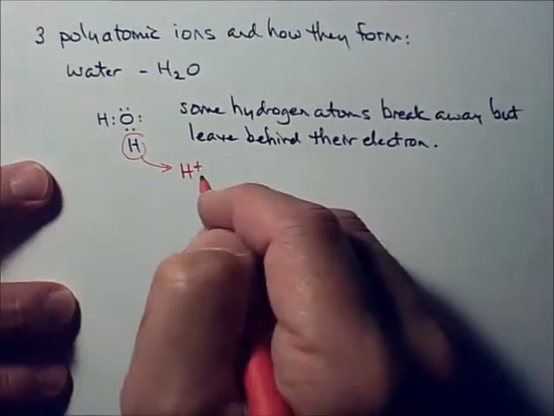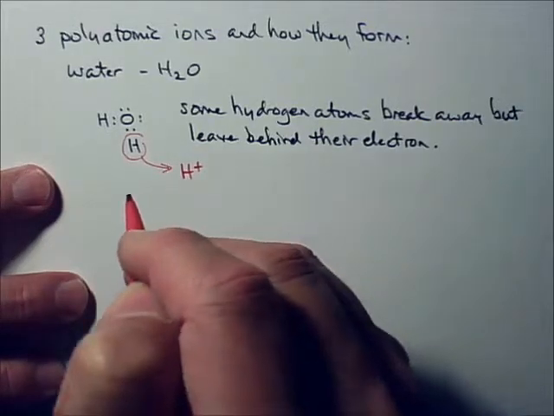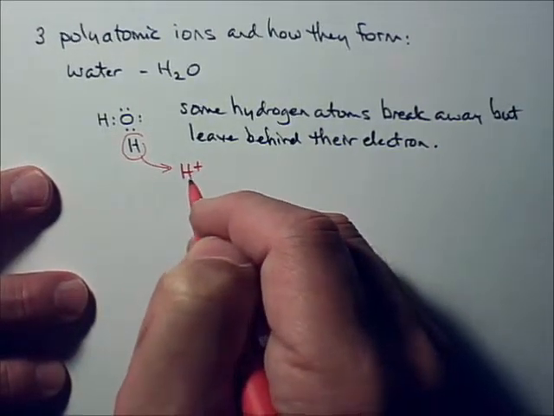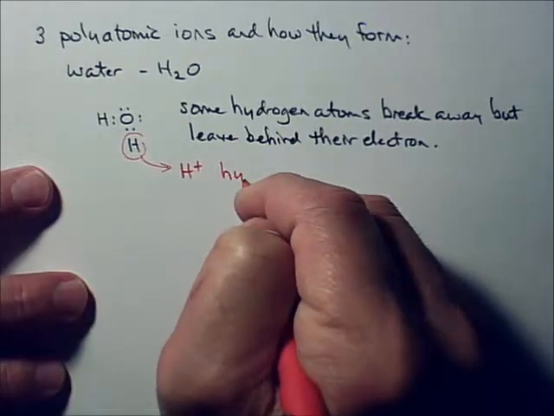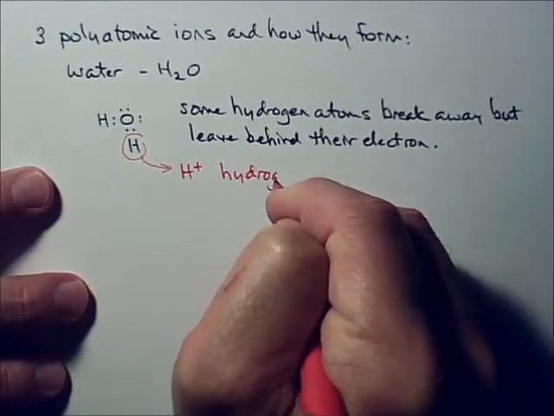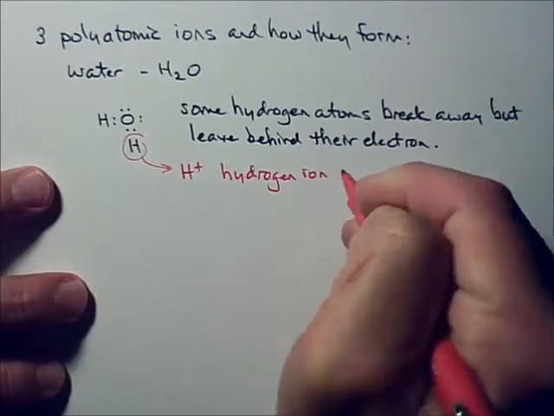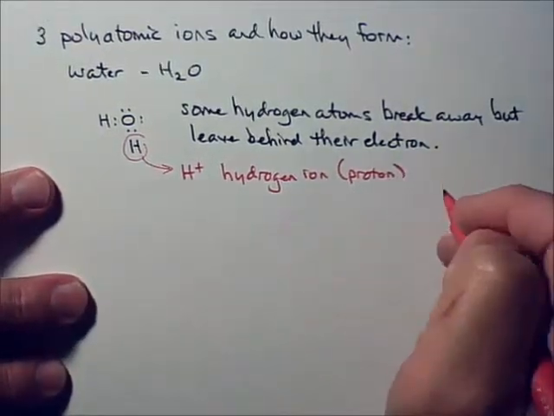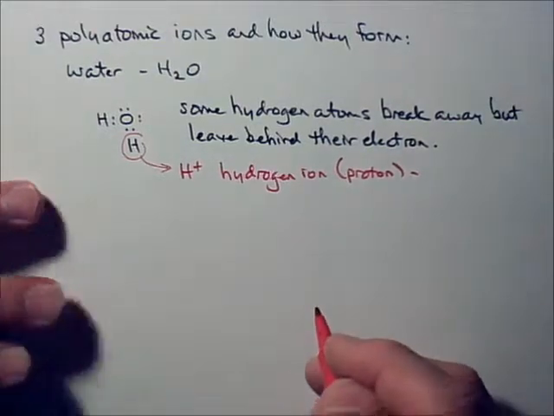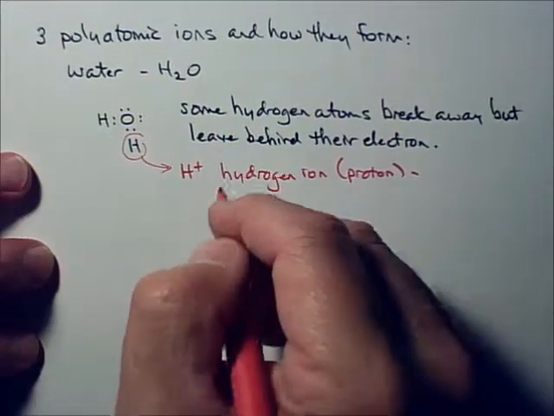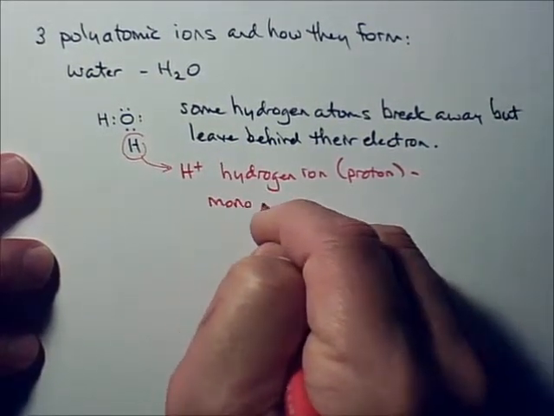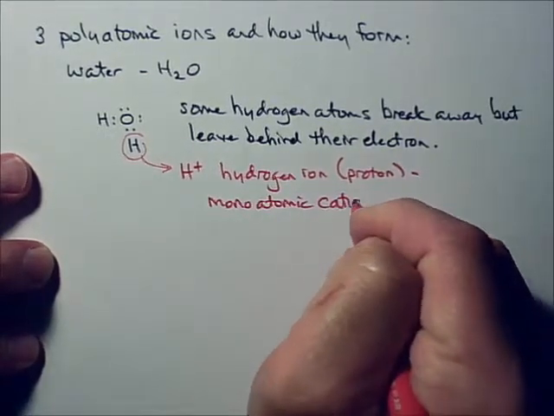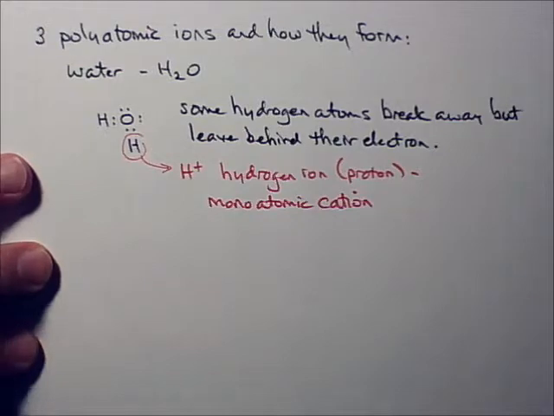This is not really an atom anymore. Remember, if it's a charged particle, it's an ion. So this is a hydrogen ion. You could simply call it a proton. And since we talked about monoatomic earlier, we can call this a monoatomic cation because it's positive.